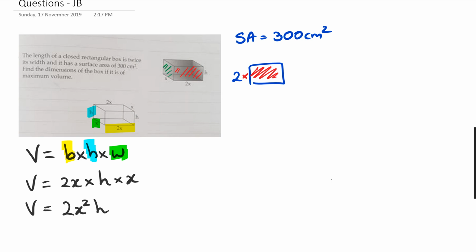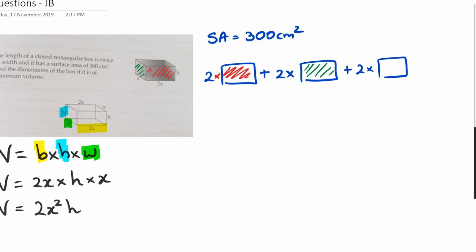You've got 2 of that, which means plus 2 times the green rectangle. Plus we have 2 times the top rectangle, which I'm going to color yellow, since I'm running out of colors. So that's 2 at the top there. And now all of that surface area is equal to 300.